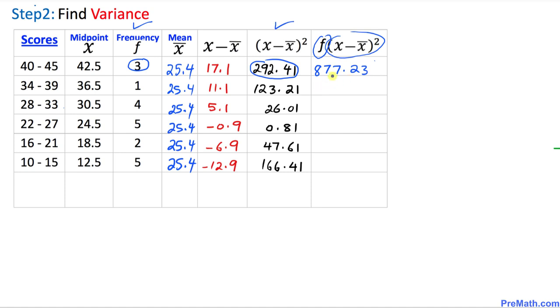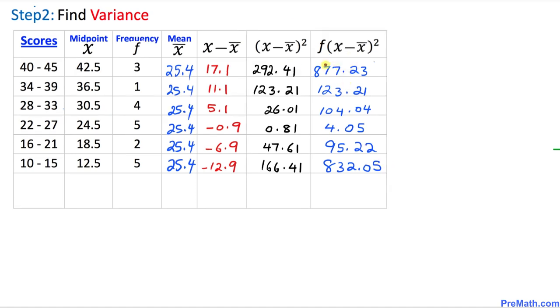Likewise, the next numbers give us 123.21, 104.04, 4.05, 95.22, and finally 832.05. And now in the next step, we are going to add up all these values in this column.